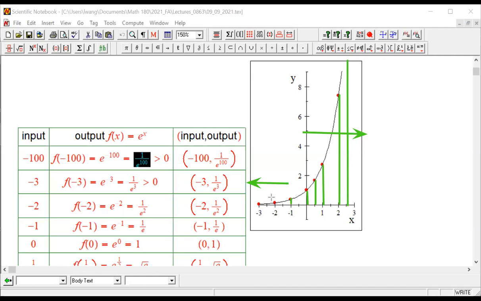Am I too slow? Well, what was the question? I was writing something down. I'm sorry. Okay, so those are green bars, which represent the output, right? And they're sitting on those red dots, and my input is getting to negative infinity, in this direction.